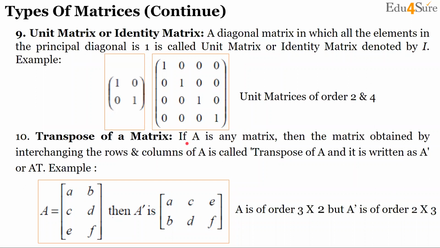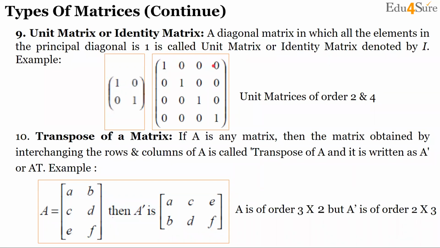Now, what do you mean by unit matrix or identity matrix? A unit matrix or identity matrix is one where all the diagonal elements are 1. Here, this is a matrix of order 2 cross 2, where you can see the diagonal elements are 1.